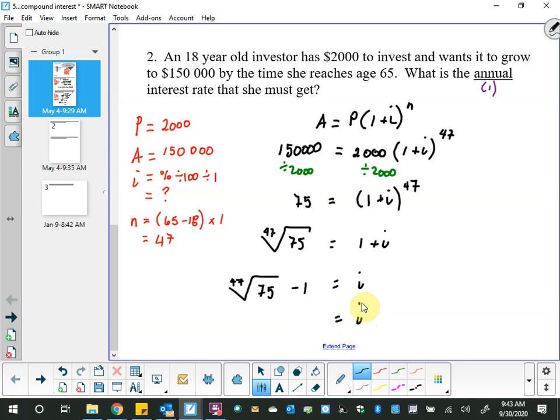So if I do that on my calculator, 47th root of 75 is equal to 1.09621293, and then I can subtract 1 in my head or on the calculator, and I end up with 0.09621293 if I want to write down all the decimals.